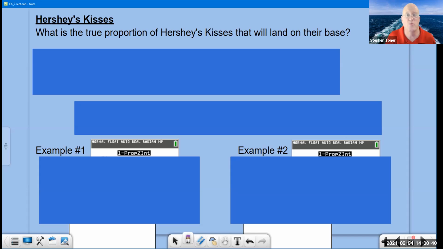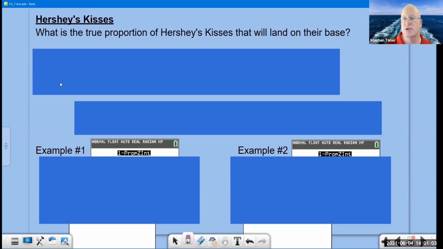And that's just something we can't tell. It's not a standard value. And the only way we could actually get that true value would be to buy a whole bunch of Hershey's Kisses and do a whole bunch of tossing and do a large number of trials until we could get a rather accurate guess as to what that probability would be.